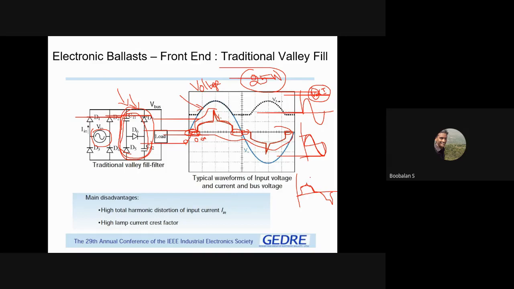It does not look exactly like my voltage waveform. The current flows with the help of my applied voltage, and it should follow the same waveform, but due to my switching devices I have this type of shape. I already told you the input voltage is 50 hertz.